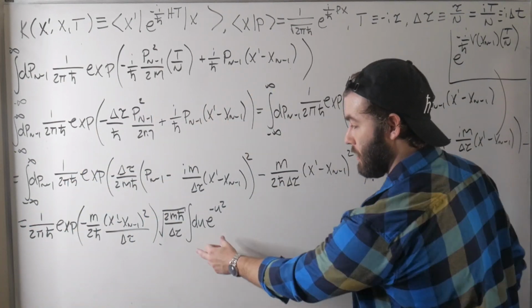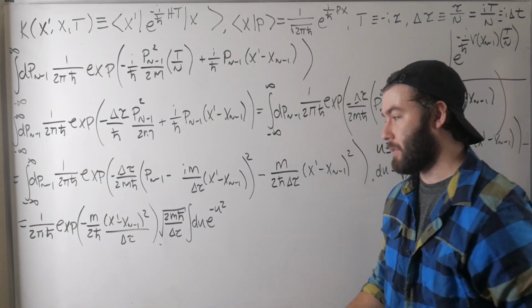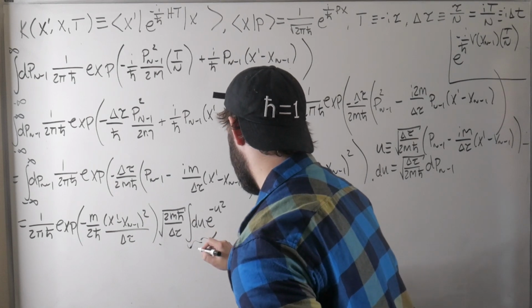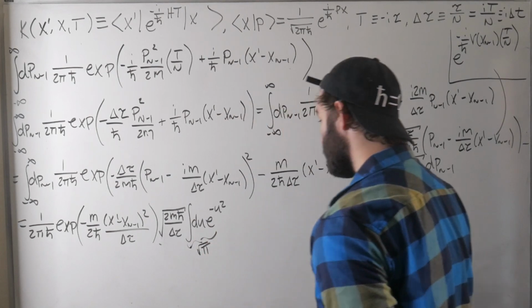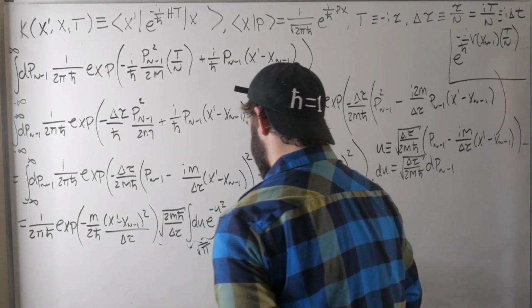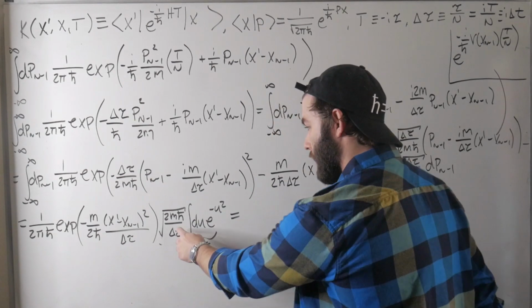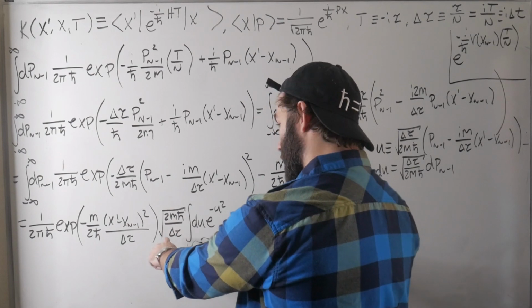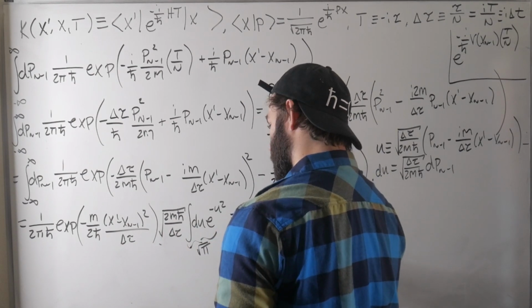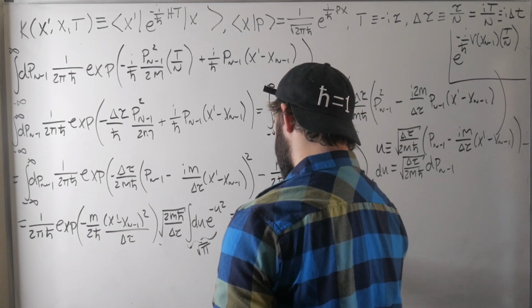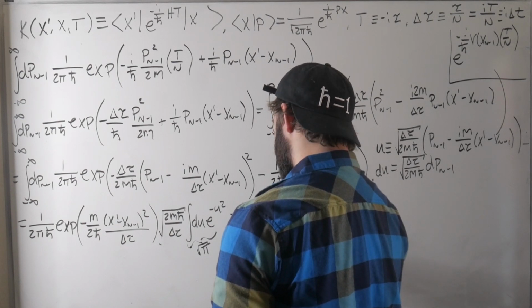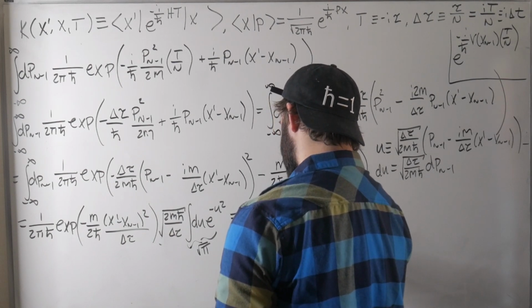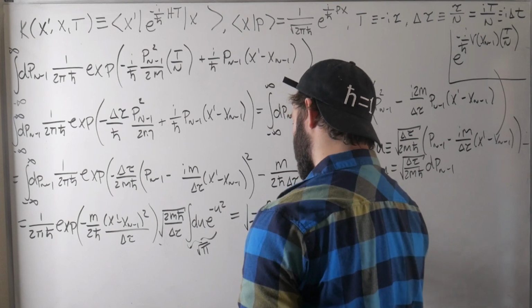Okay, and this is just going to give us a root pi because it's just a Gaussian. So this is going to give us a root pi. Bringing the final integral together, the 2 goes to the bottom, so we have a 2 pi, we have an h bar, we have a delta tau over m, or under m, I believe.